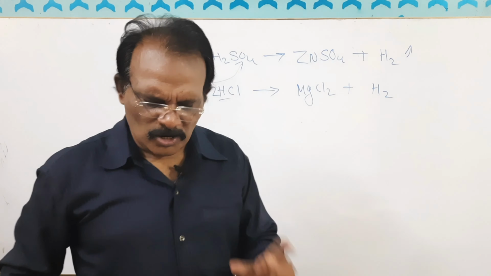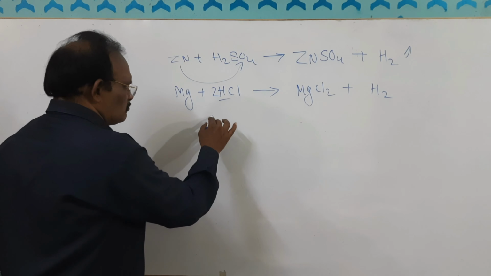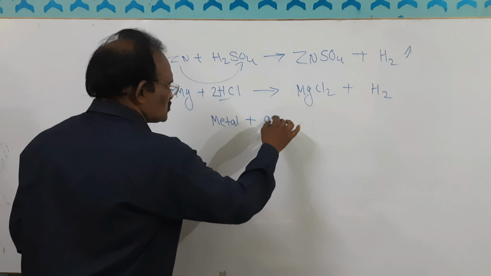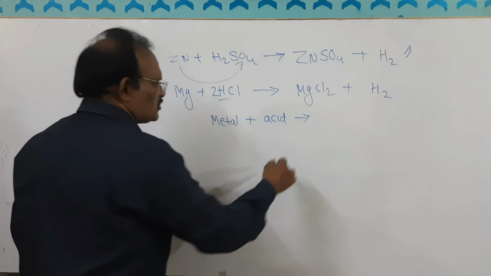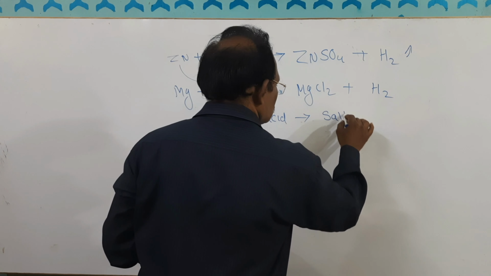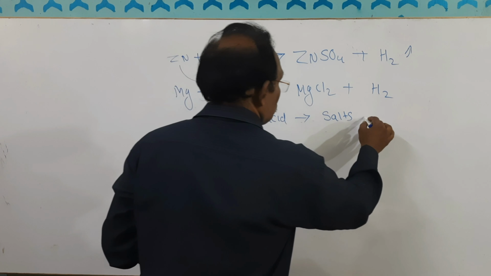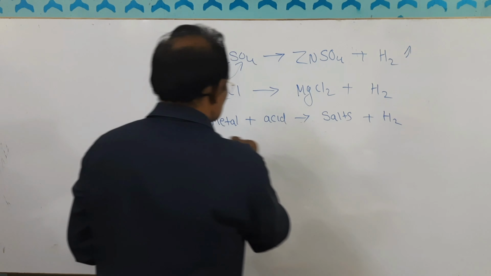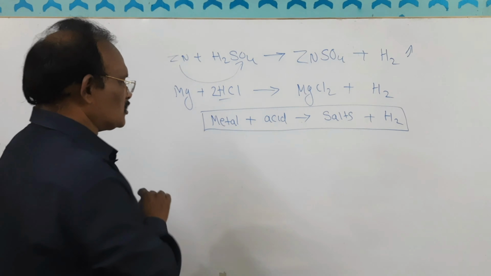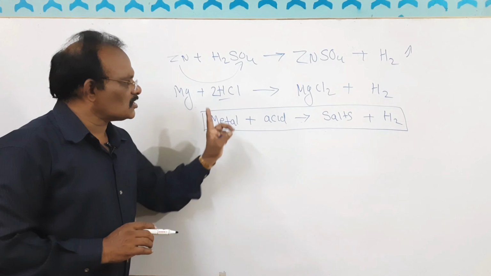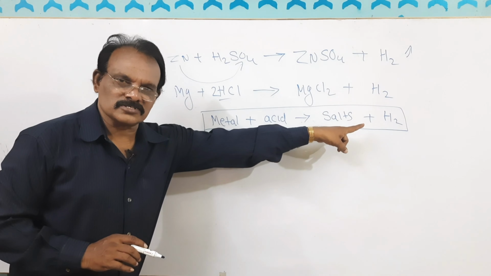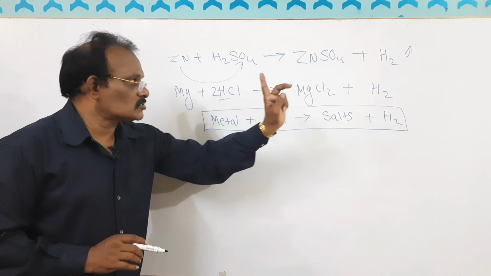So in all, when any metal reacts with acids or bases, we get that particular metal salt plus hydrogen gas. This is the final result which we have to remember.